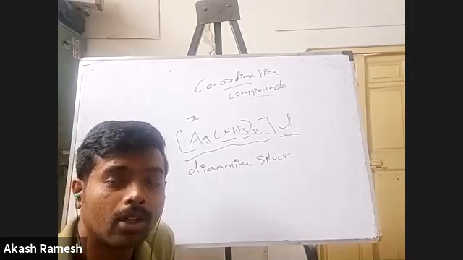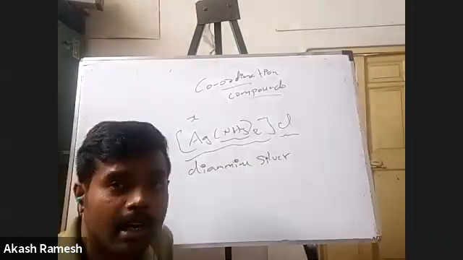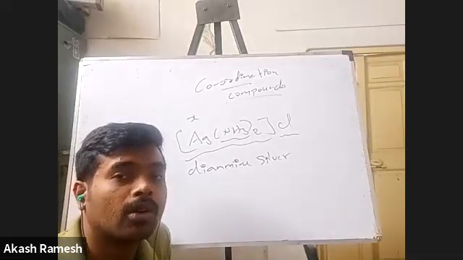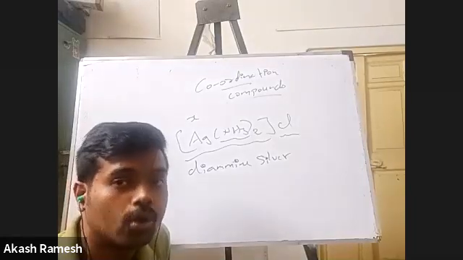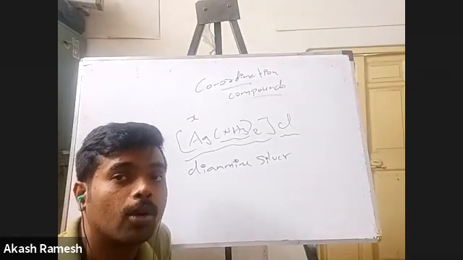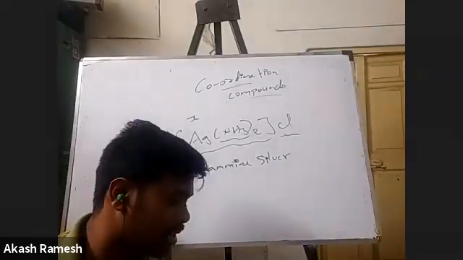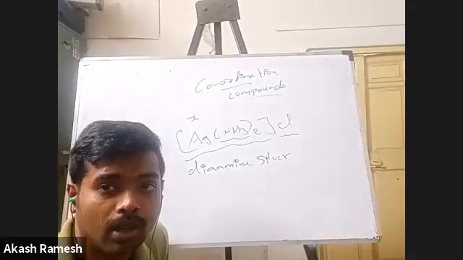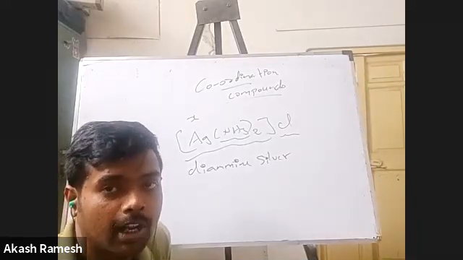Their only role is to donate electrons in the form of a coordinate bond. So if it's a neutral ligand, you put the charge as 0. If you have any other charge, for example oxygen, it is going to be O2 minus, so it will be -2. For any other thing like chlorine, bromine, iodine, fluorine, it will be -1. So CN minus will have -1.